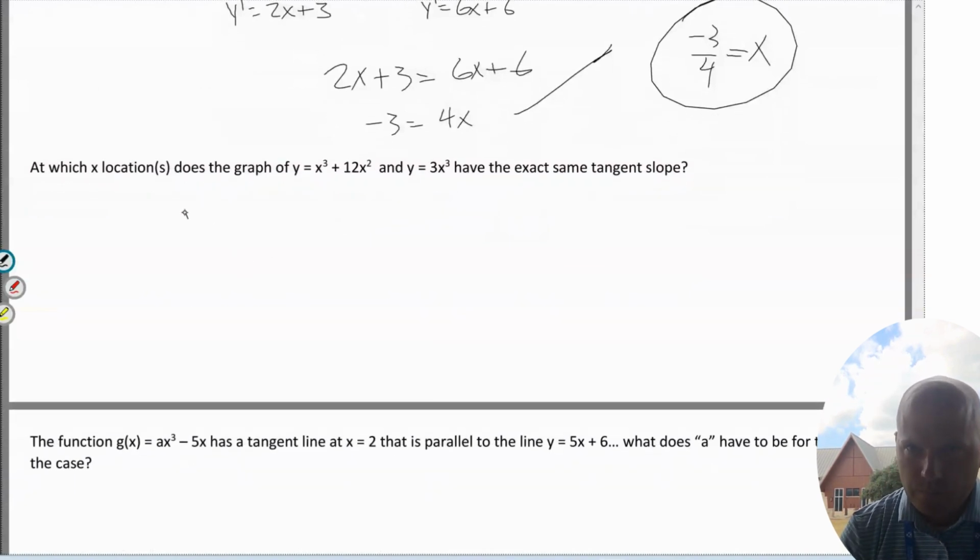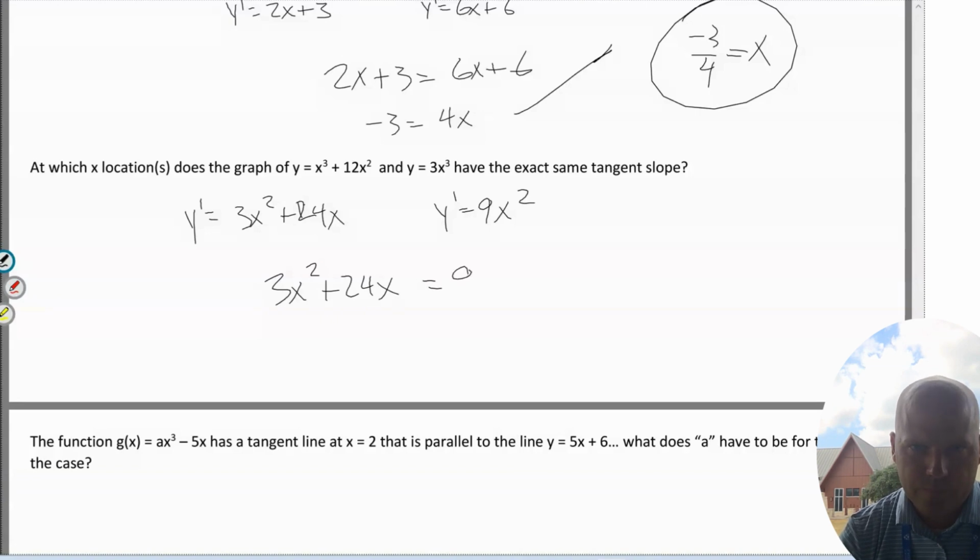Same here. What will these slopes? Here's the first equation's slopes equal the second equation's slopes. When will the slopes equal each other? Move everything onto one side because you have x squareds and x's.